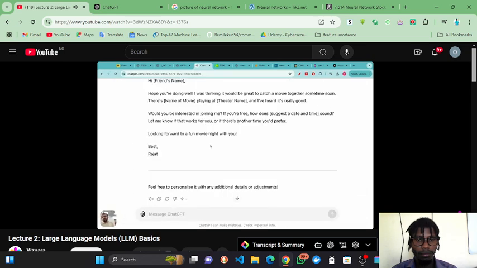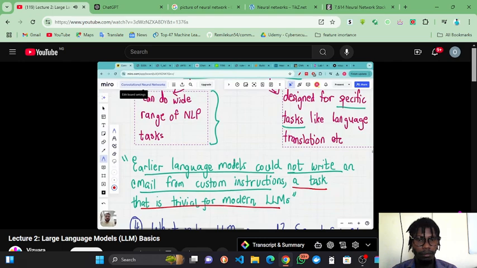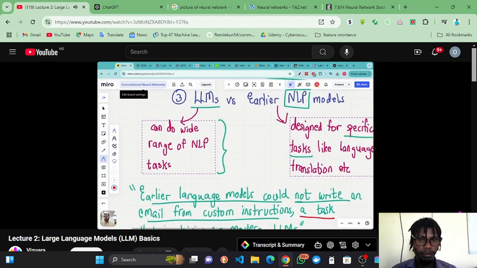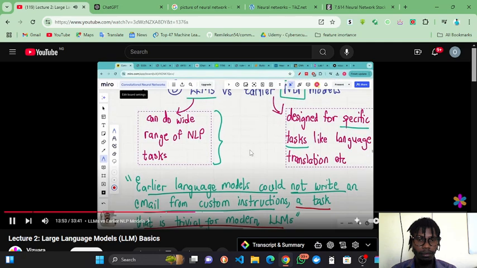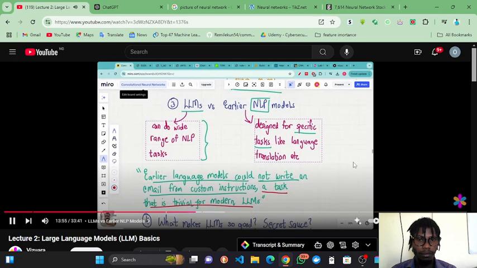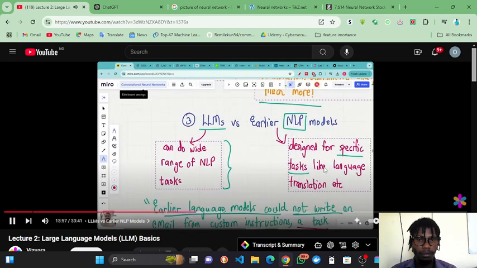It's a trivial task for ChatGPT, but this task was very hard for earlier NLP models. And that's the big difference between LLMs and earlier NLP models. They are broad.